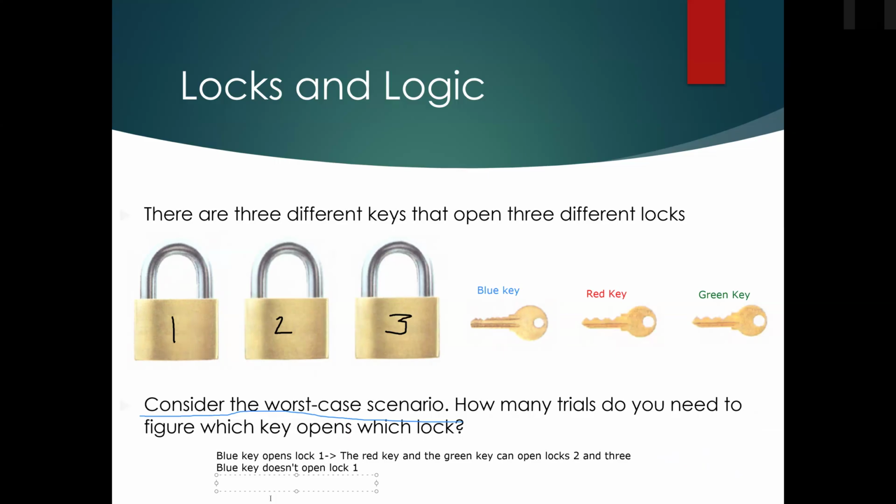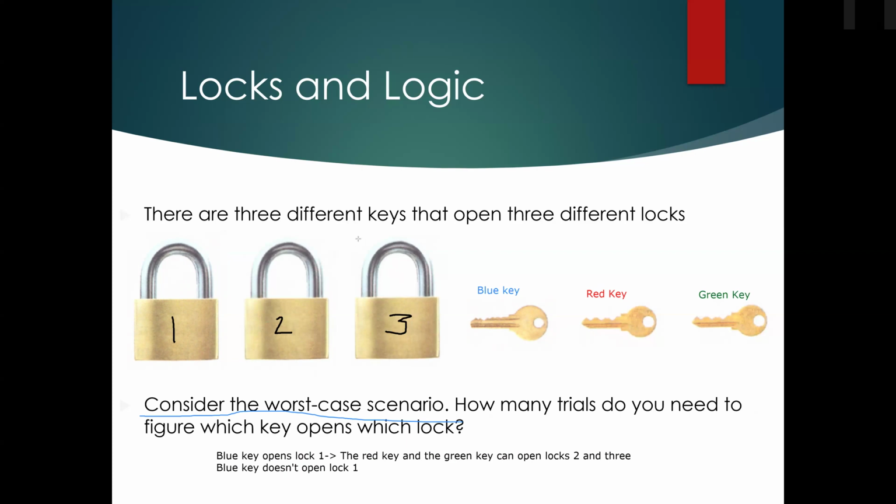Let's say that we do the trial again. The blue key can't open 2. That would mean that the blue key must open 3 because we eliminated 1 and 2, right? So 2 trials with 1 key, and that key can't open anything else.